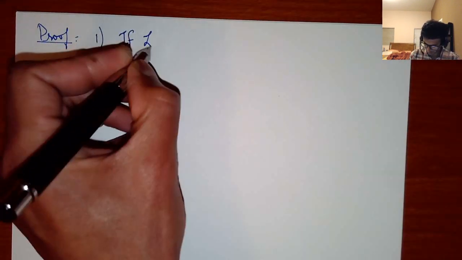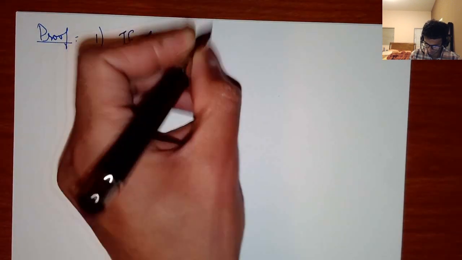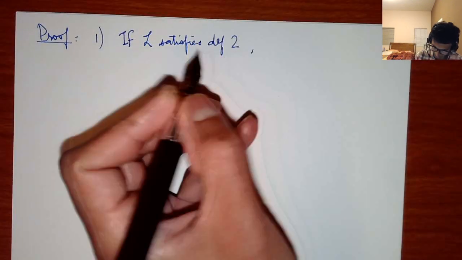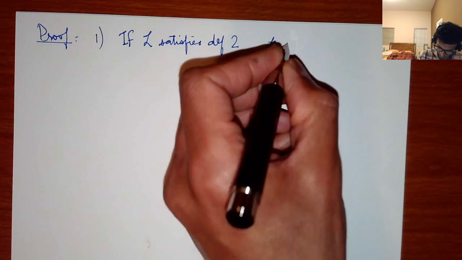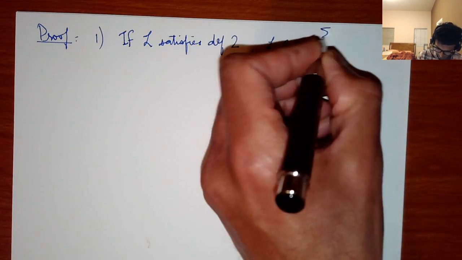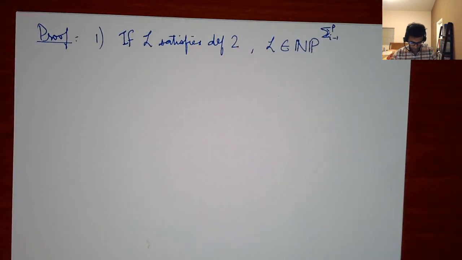The first part we'll prove is we'll say that if L satisfies definition 2, then L is in NP to the sigma I minus 1.